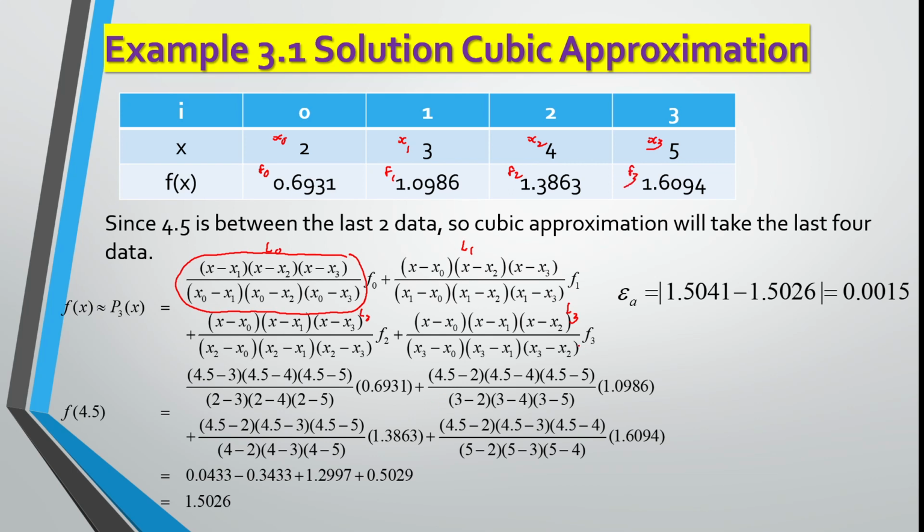If you do it manually, you write the formula, you write down the values that you plug in, and then you key in and calculate manually. This is the answer, 1.5026, and then you can calculate the absolute error. So you see, when n is increasing, the calculation becomes tedious, and you may calculate wrongly because you got 3 products in each term there, and you may have rounding error.